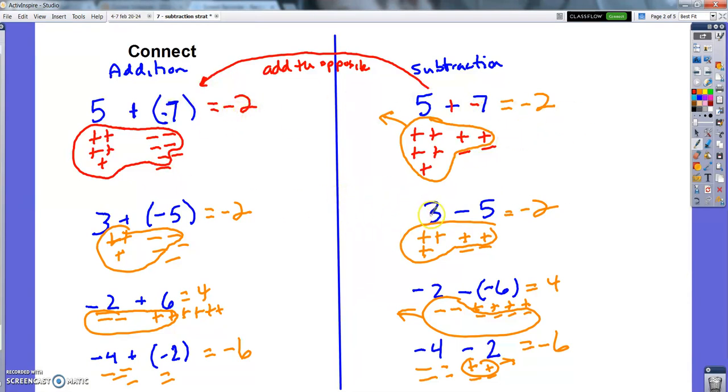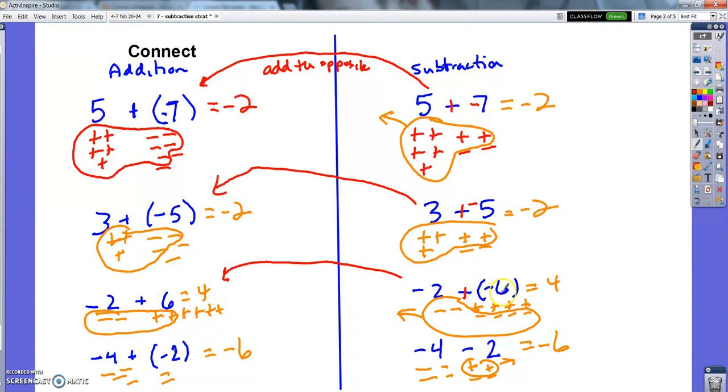Same thing here. I can start with 3, and instead of subtracting 5, I can add the opposite and get the same answer. Negative 2 minus negative 6 looks very confusing, but if I want, I can get the same answer by, instead of subtracting, adding the opposite.